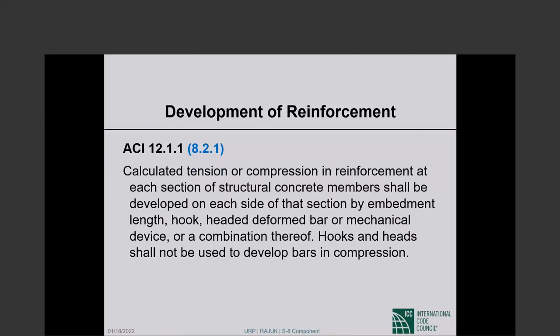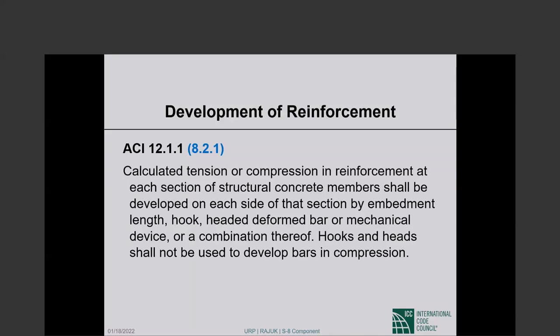Calculated tension or compression in reinforcement at each section of structural concrete members shall be developed on each side of that section by embedment length, hook, headed deformed bar or mechanical device, or a combination thereof.